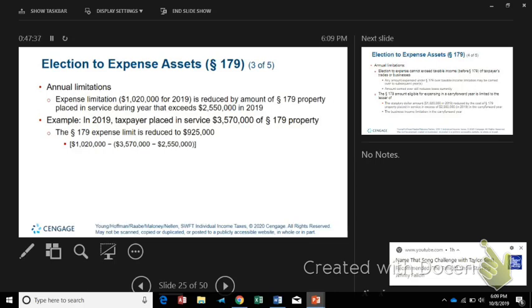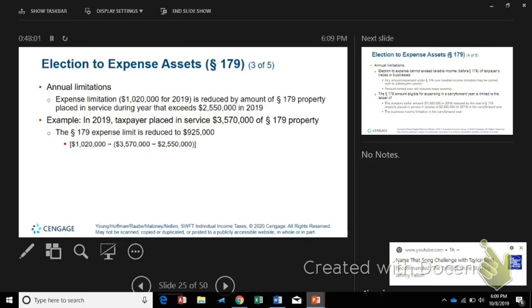So for 2019, the expense limitation is $1,020,000. It is reduced by any Section 179 property that exceeds $2,550,000. So if you put in property that is more than $2,550,000, you have to reduce your $1,020,000. You're kind of penalized if you put in more than that.